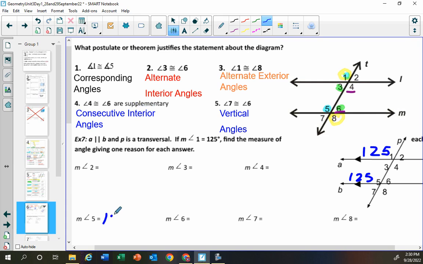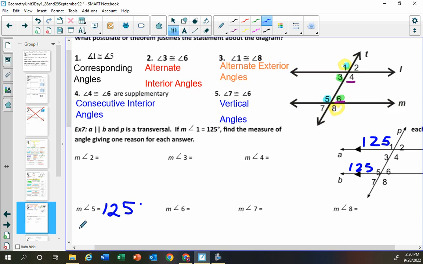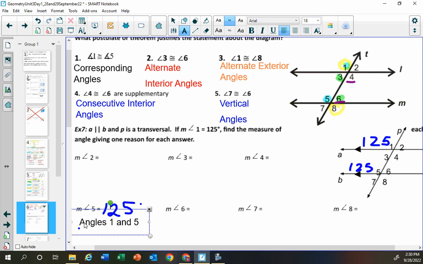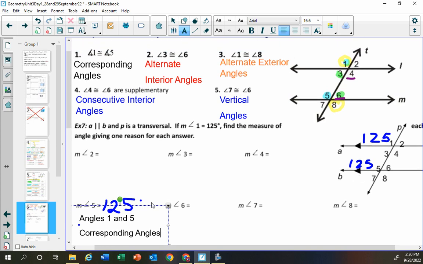So angles 1 and 5 are corresponding angles. Good. That's exactly it. That's why they're both going to be 125.